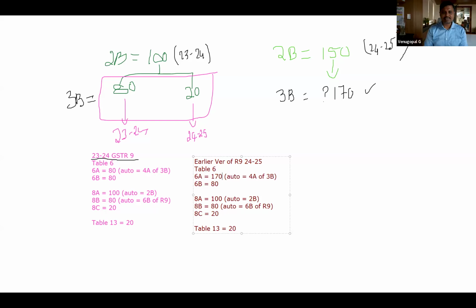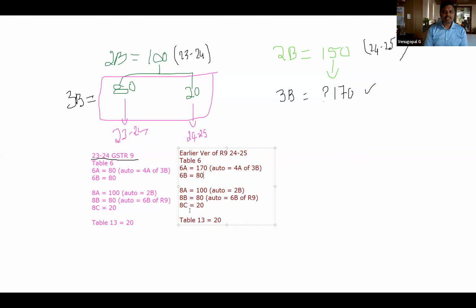I have claimed 170, so it is going to show 170, and 6B is also going to show 170. 8A is auto-populated from 2B, and 2B is showing 150. 8B is coming from 6B, which is 170. 8C was for future credit. We don't know what we were supposed to do with the earlier credits.